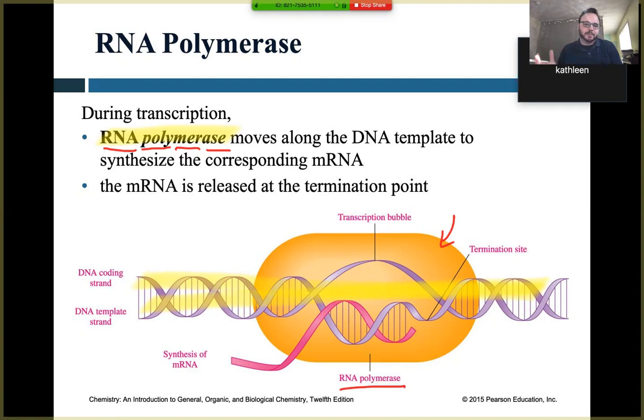It's just a big bulky enzyme. It literally pulls apart the DNA, reads the DNA, and starts making its own chain of RNA based on the complementary sequence. So if it was ATG, it'd be UAC. And so we're synthesizing this new strand of single-stranded mRNA.